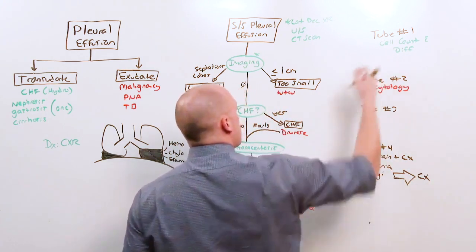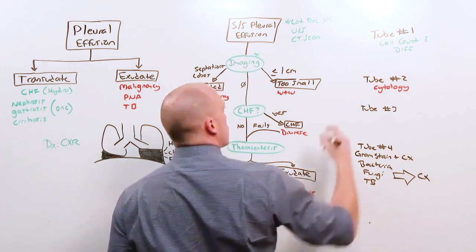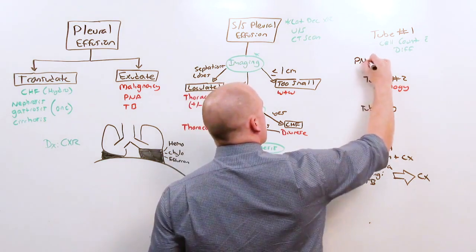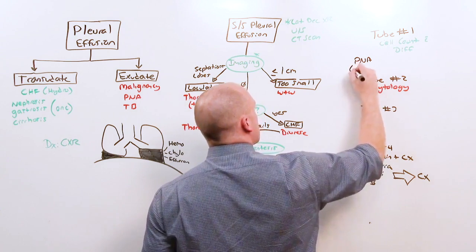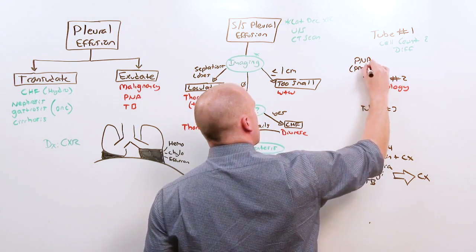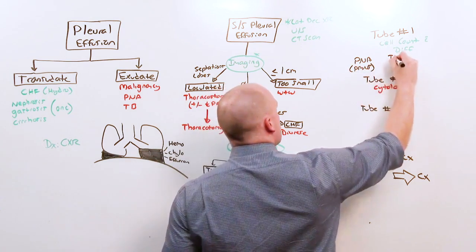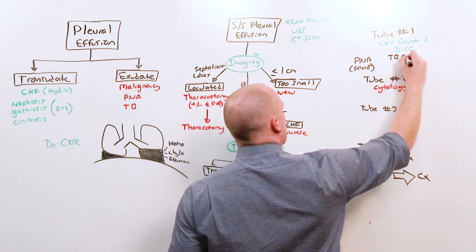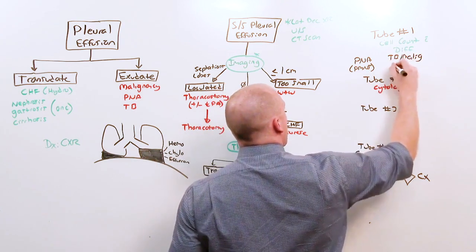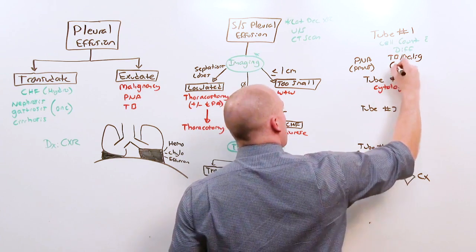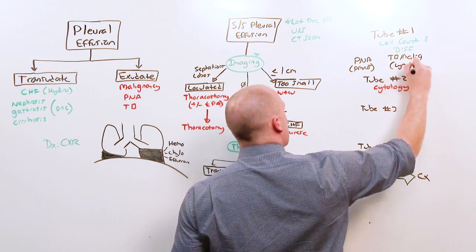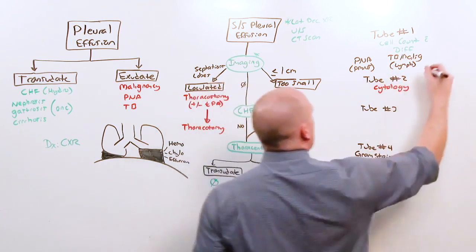The cell count with diff can give you a number of pieces of information. What you're looking for is a pneumonia, and that is going to be primarily a leukocytosis with polys, TB, or malignancy, which will be white cells with lymphocytes, or you're looking for red blood cells.